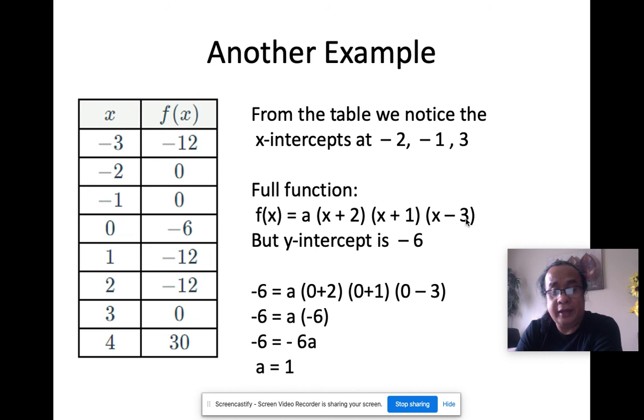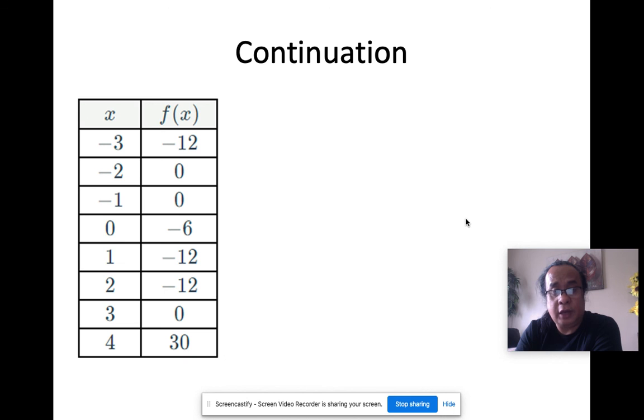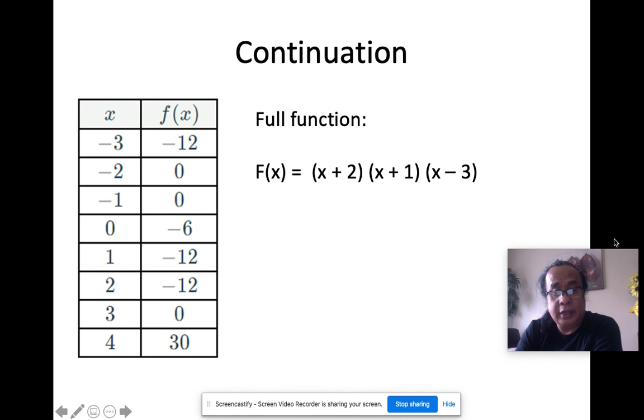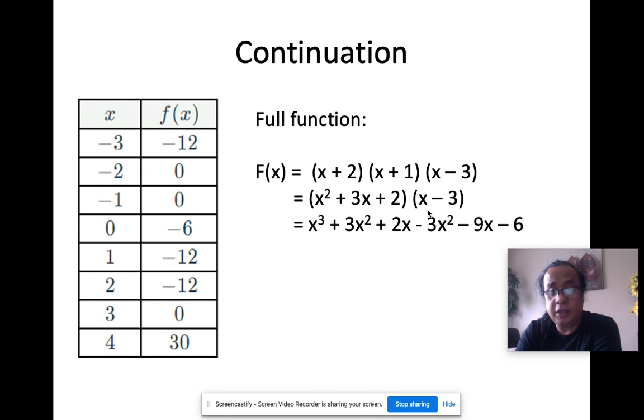And then when you simplify that, you get a equal to 1, which implies if we want to multiply that, my full function would now have a equals 1. Just multiply all these 3. So first I multiply these 2. That's going to be x squared plus 3x plus 2 multiplied with x minus 3. Then I'm going to do the distributive property and then combine terms.